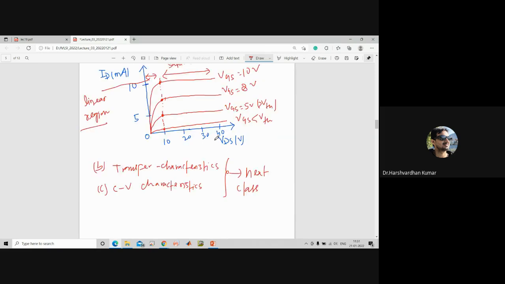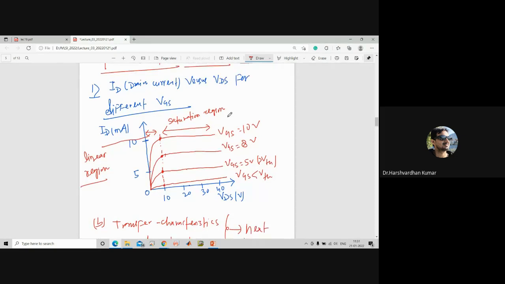So here, understand from the IV characteristics. For this region, in the saturation region, we are getting constant current with respect to the drain to source voltage, right? So for the saturation region, the MOS device may act as a constant current source.